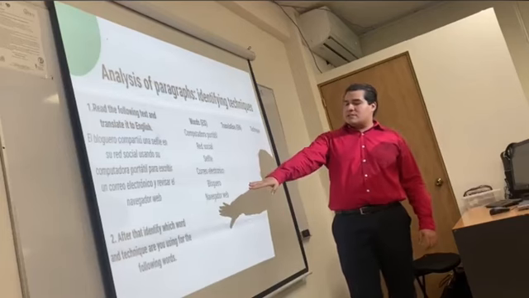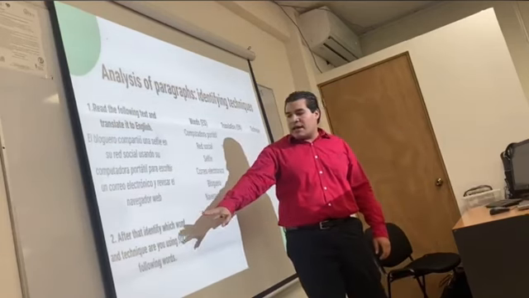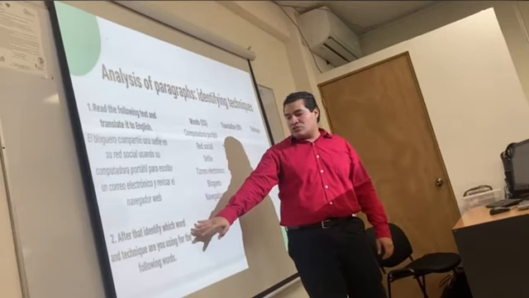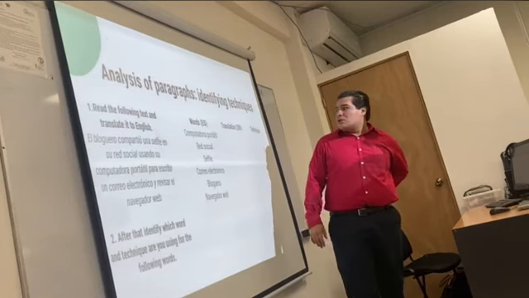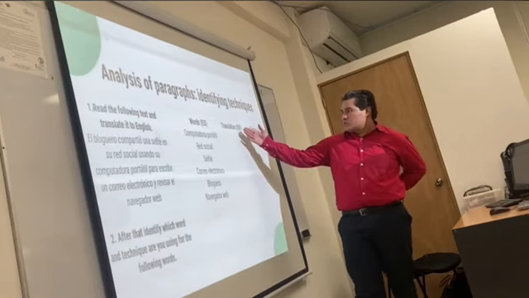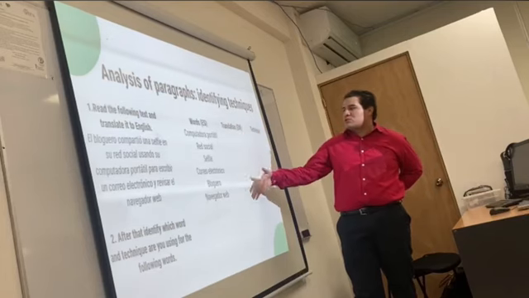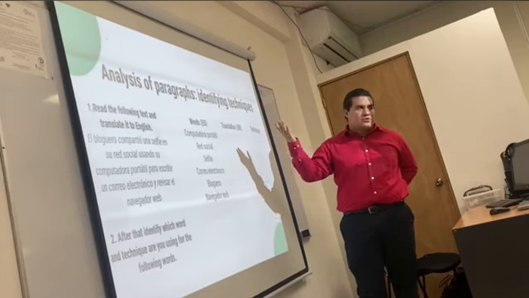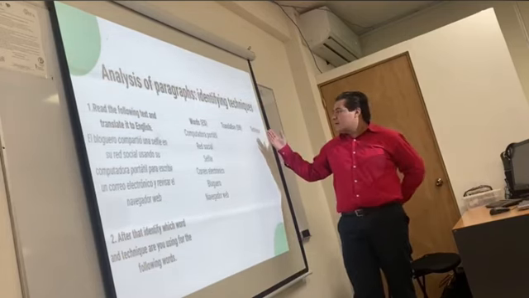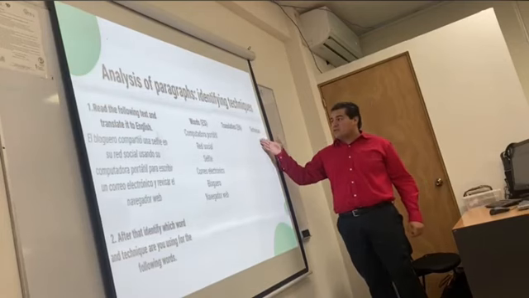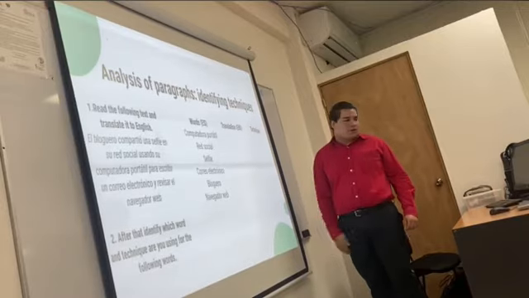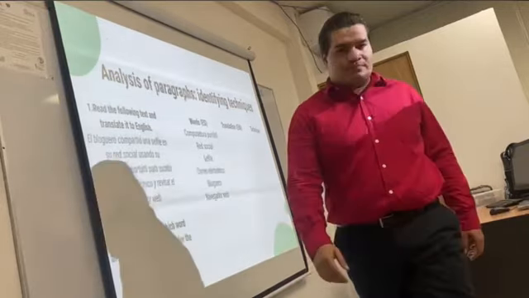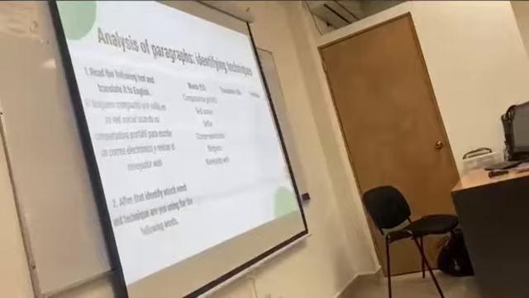And the second step is, after identifying which word and technique you are using for the following words, you need to do the translation, which is almost the same. You already did this. And finally, just let me know which techniques you are using here. All right. Just give me 1 second.